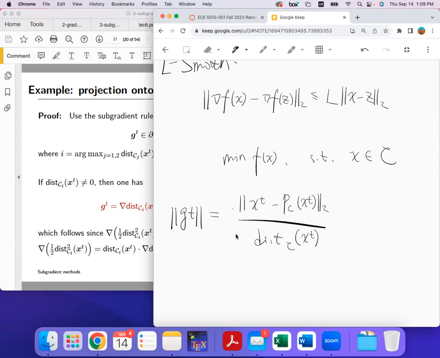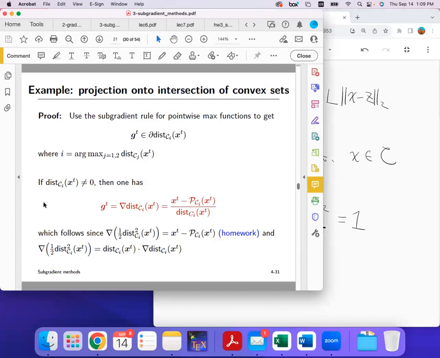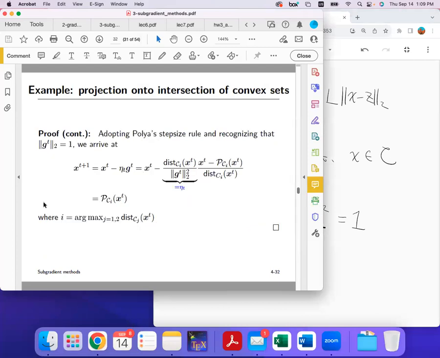This is exactly this one, by definition. So g_t has norm 1, it is just a direction. And this helps simplify the calculation.